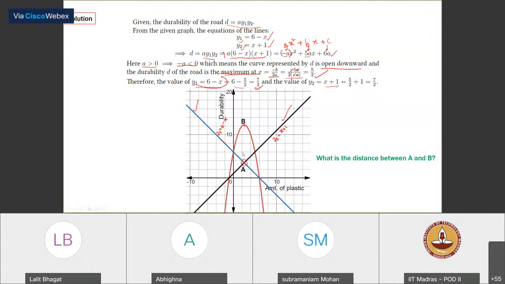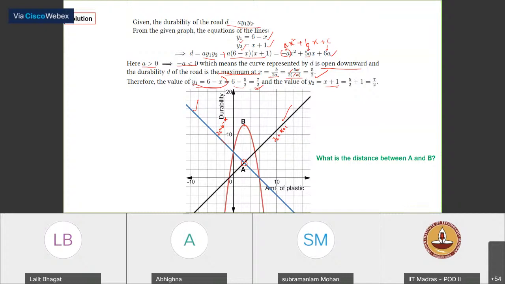But that is not matching the value in the graph and the picture. If you take the point B as 5 by 2, that possibly matches 2.5. But the Y value is 7 by 2, which is 3.5, while the Y coordinate here is almost 12. Y coordinate of A.